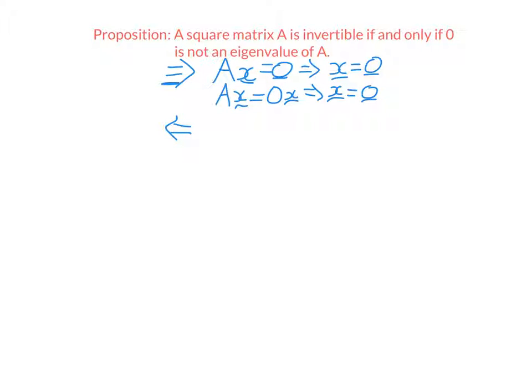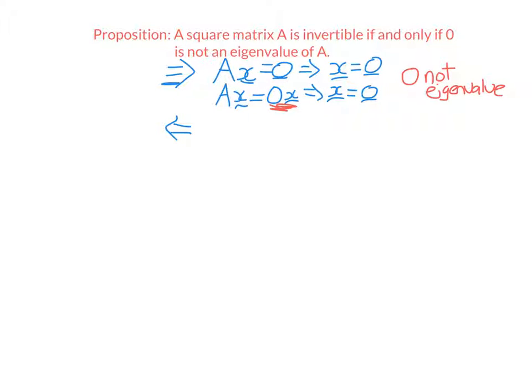But the 0 vector cannot be an eigenvector by definition. So there are no non-zero vectors x that satisfy this equation, which means 0 is not an eigenvalue. That's a very easy proof.